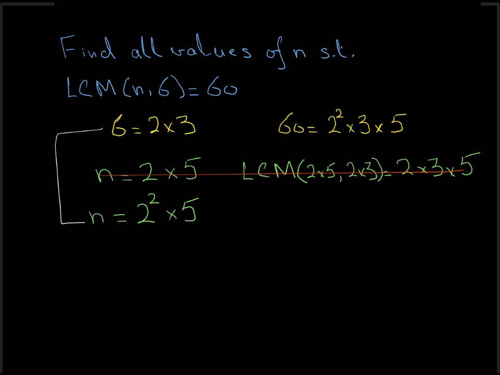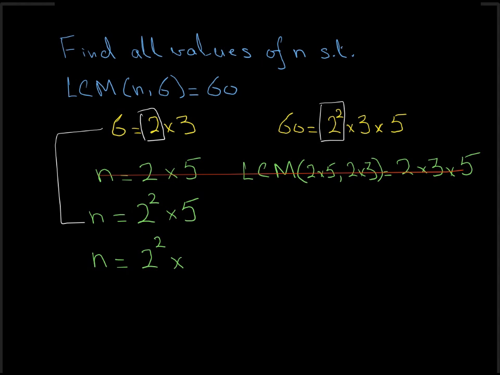So think about it. n can also be another number. What could it be? Well, surely it would be 2 squared into, and I want you to really think about it. I can't have an n which doesn't have a 2 squared, because I need a 2 squared to get to 60. 6 only has one power of 2, so I need 2 powers of 2 in my n.